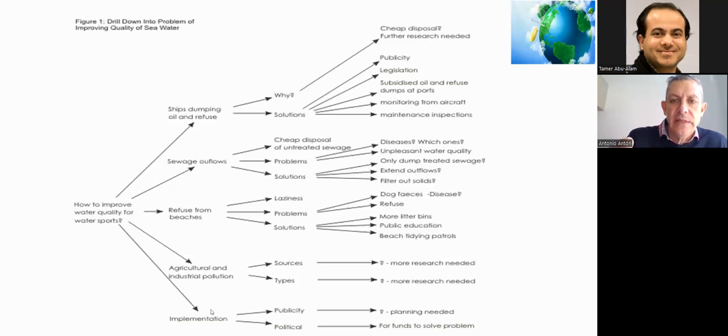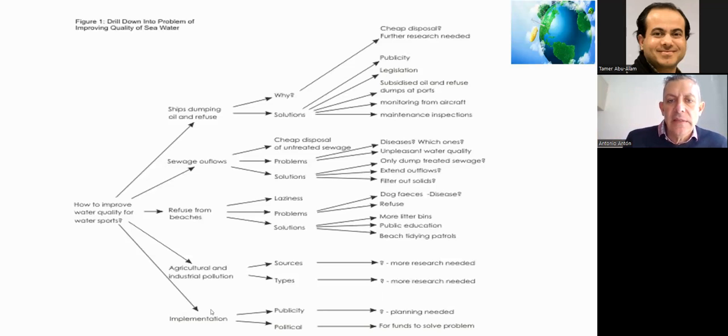So you have, for instance, ship disposals. Ship disposal, perhaps further research is needed. Or sewage outflow, the same, ship disposal. So it's a problem that is repeated in the first one and in the second one. So this calls our attention, perhaps in terms of ship disposal.